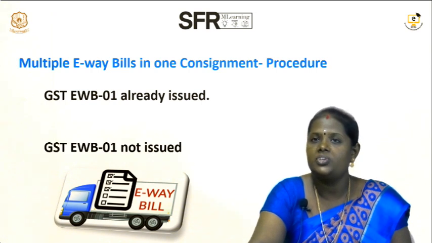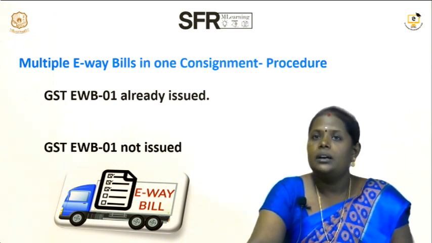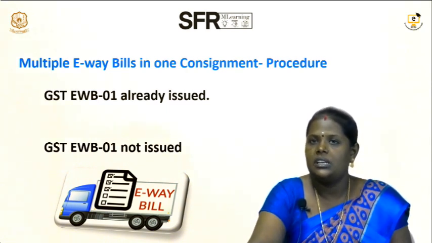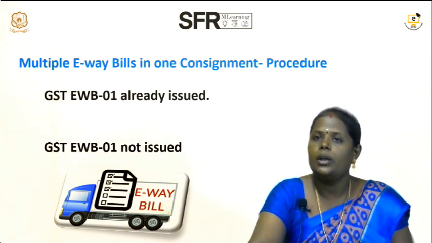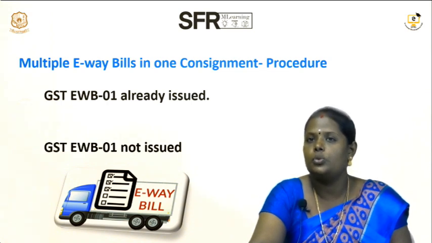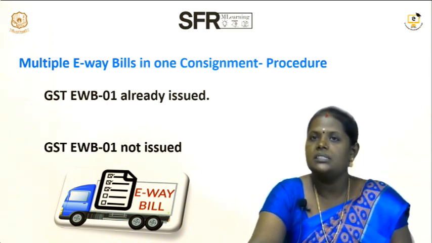If we have any changes, we have to file it in GST EWB 02, that is the consolidated consignment procedure. If it is not issued, first we have to finalize what are all the goods to be included in form 01, and after that, form 02 has to be consolidated. So, that is the multiple e-waybill in one consignment procedure.